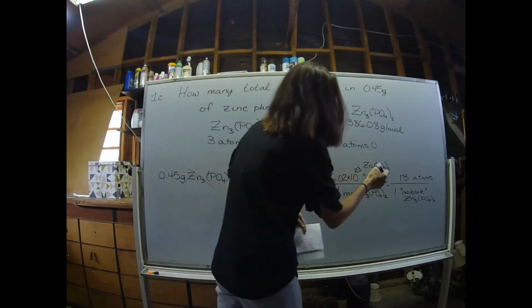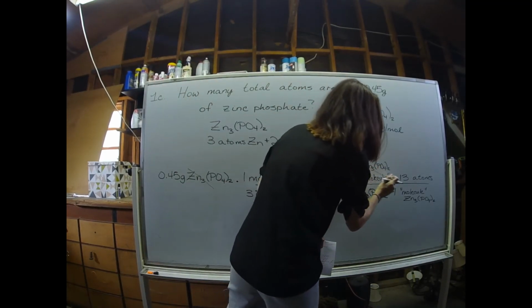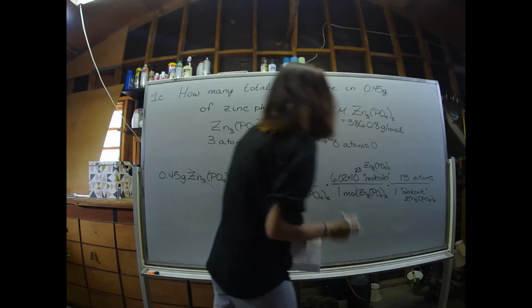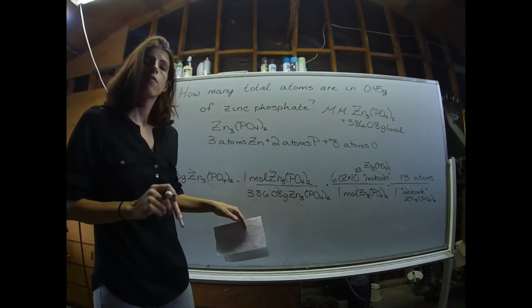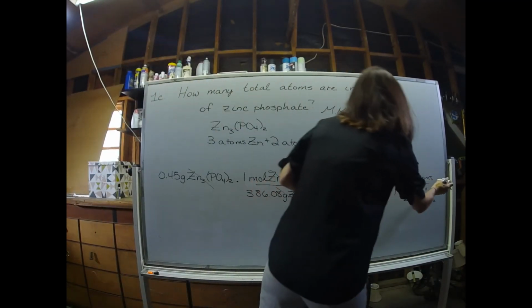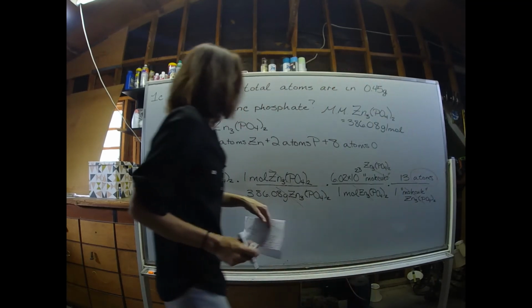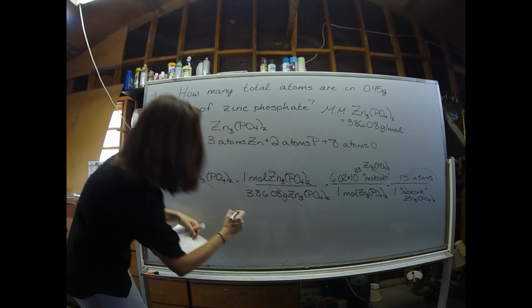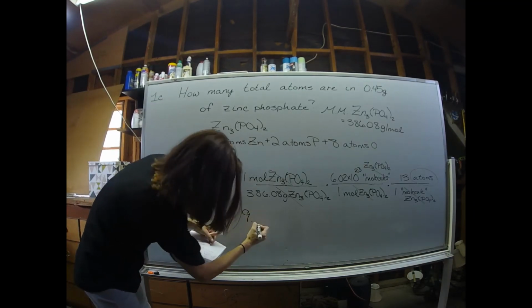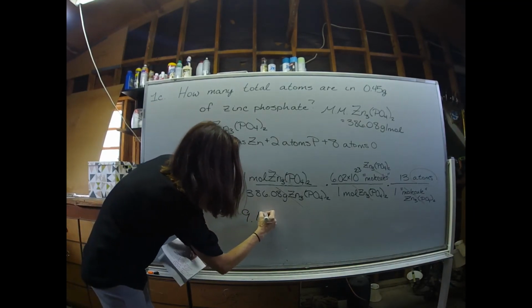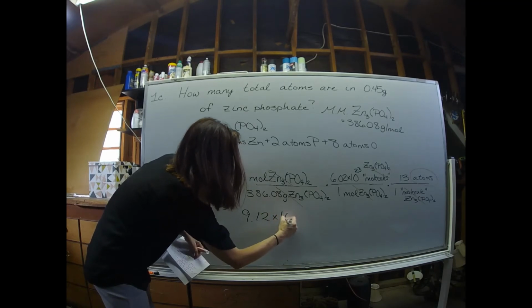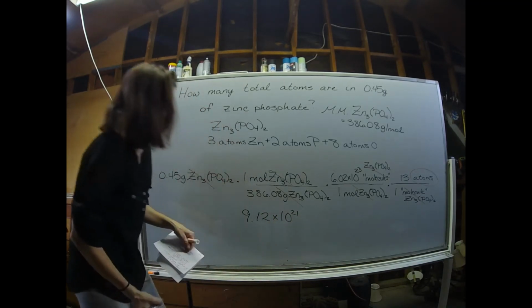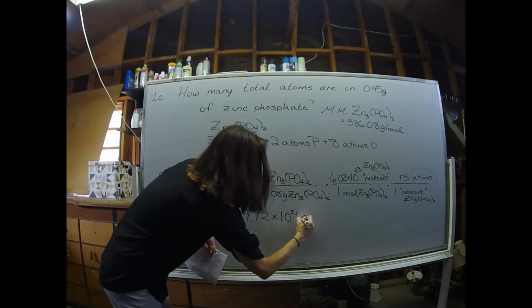So molecules of zinc phosphate will cancel with molecules of zinc phosphate, and I'm just left with atoms in the numerator, which is perfect. So plug this all into my calculator. I get 9.12 times 10 to the 21 atoms.